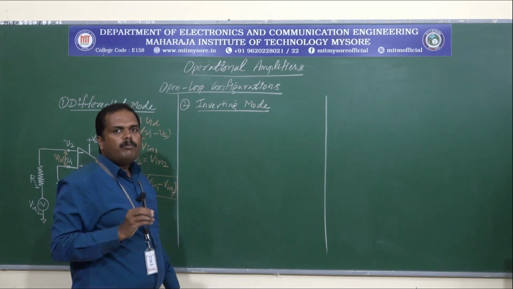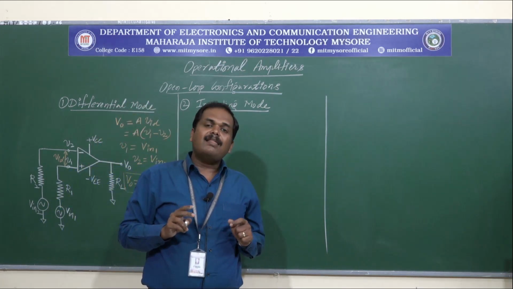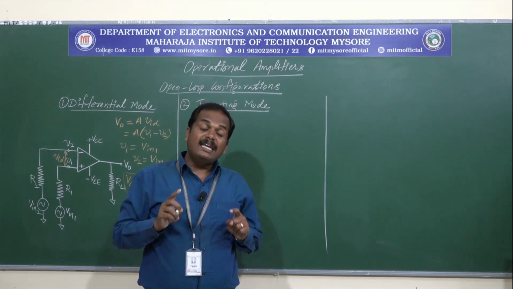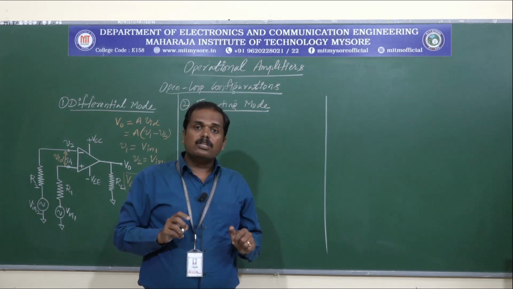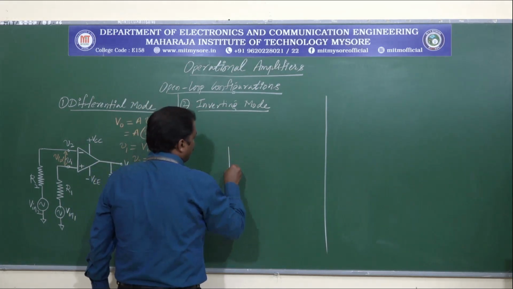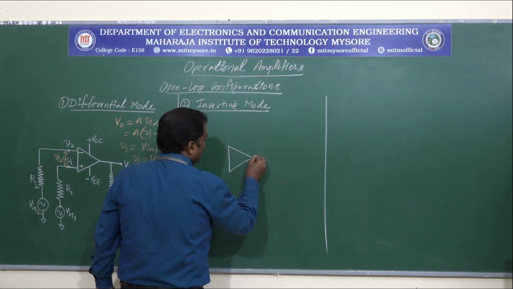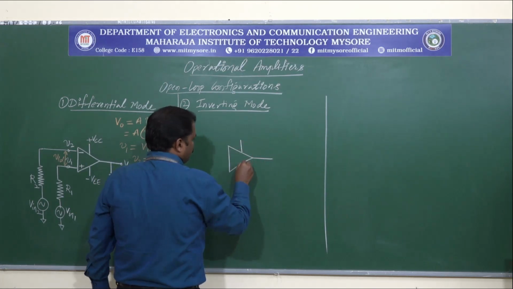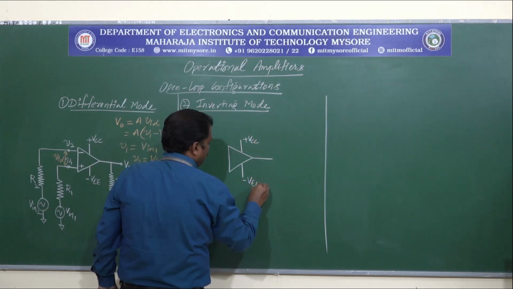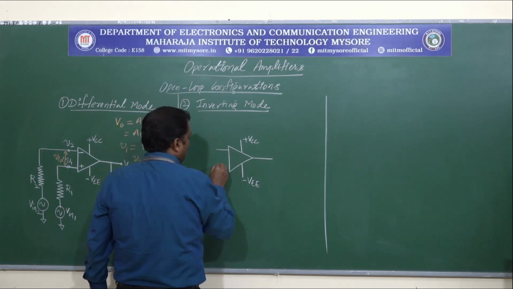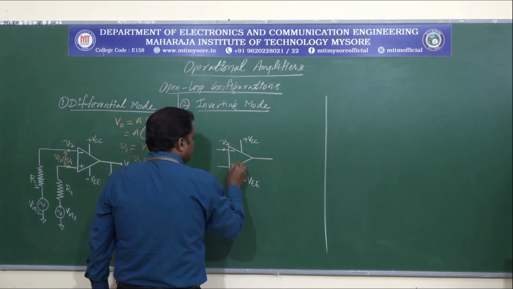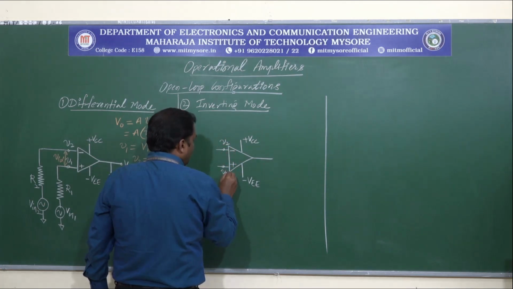Now the second mode is inverting mode. In this mode, we will not be using two input signals, rather we will be using only one input signal, and that will be applied to the inverting terminal of the op amp. So this mode is called inverting mode. Let me draw the circuit diagram for this. Here we have the inverting terminal V2 and the non-inverting terminal V1.